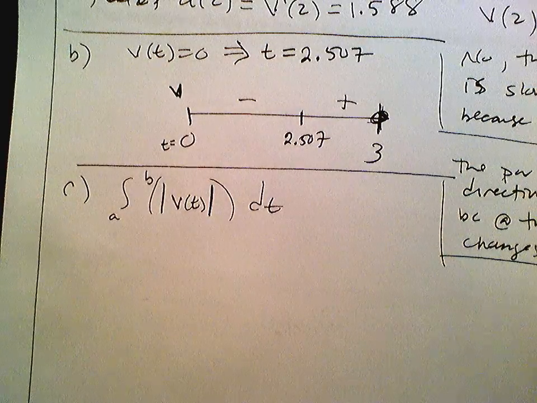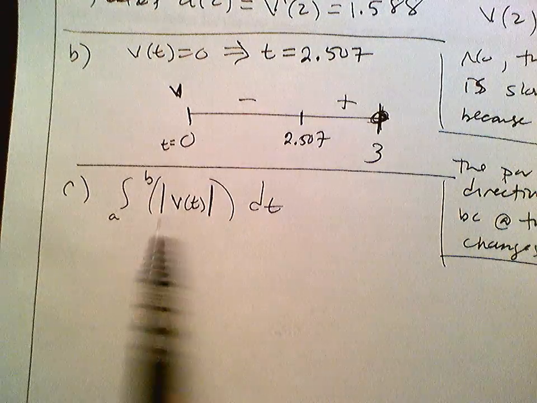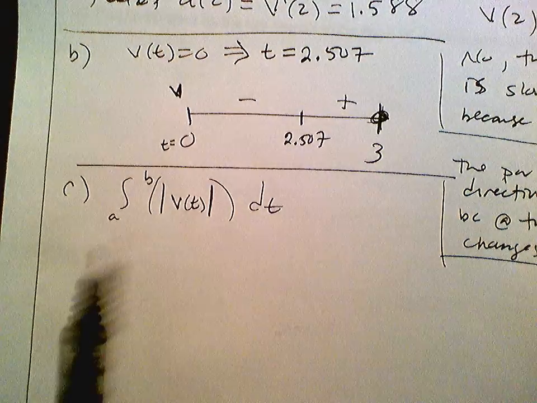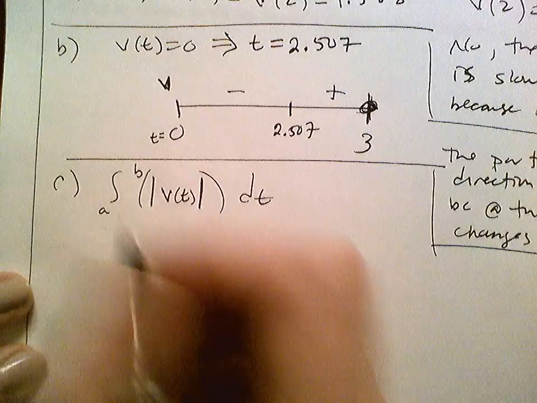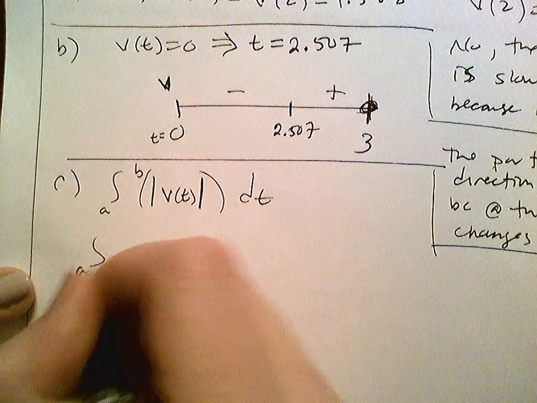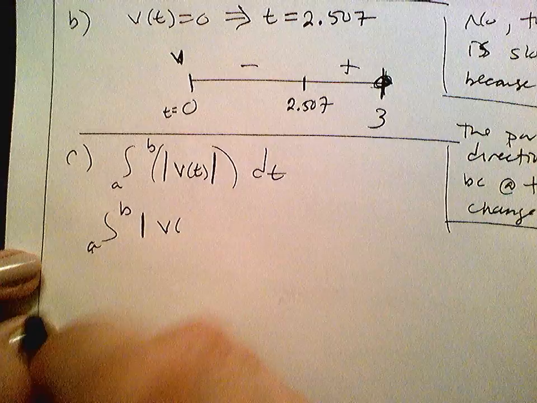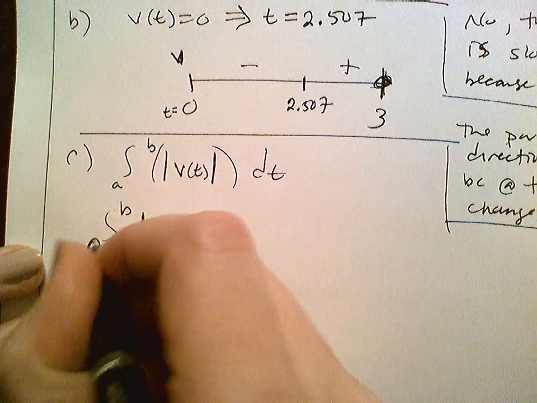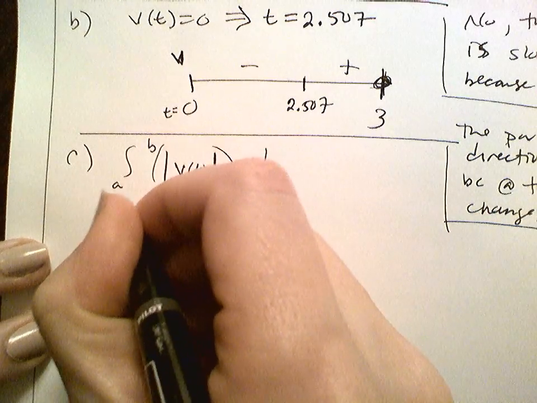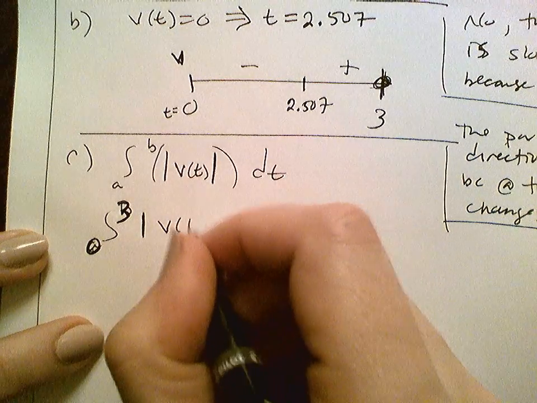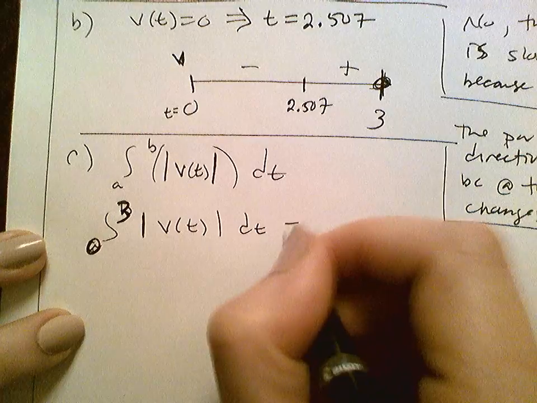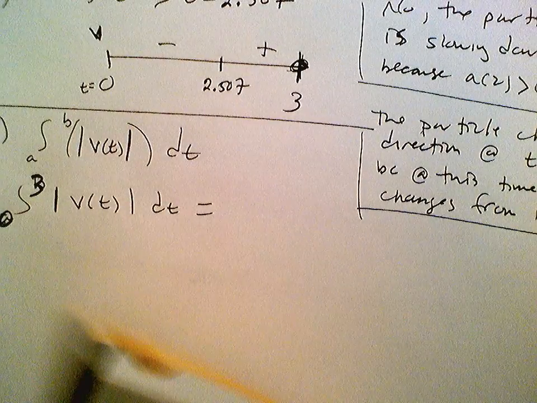Displacement, or net change in position, would not use the absolute value, but this is the total distance formula. So I'm just going to use it. From 0 to 3, the absolute value of v of t, and then I just plug it into my calculator.